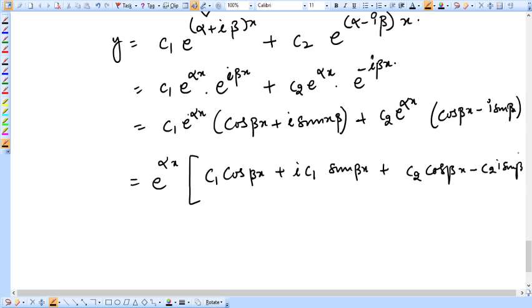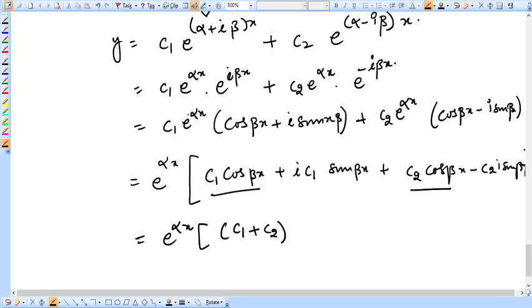Now with e raised to power alpha x common, inside you will have c1 cos beta x, and here is c2 cos beta x, right? So you can club these terms and you will get c1 plus c2 times cos beta x.